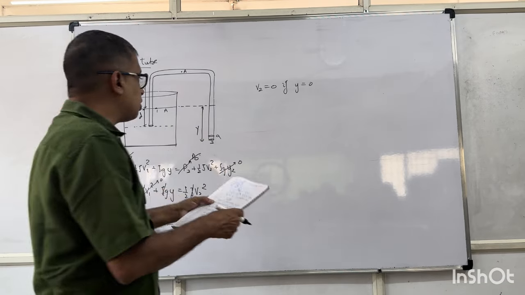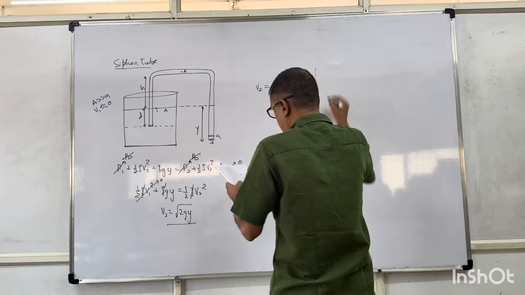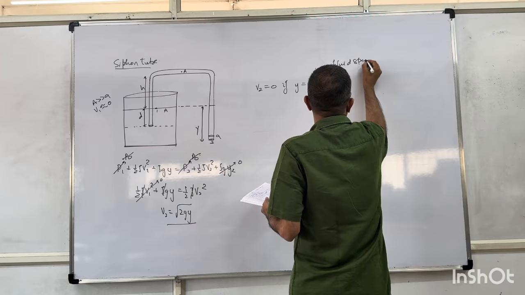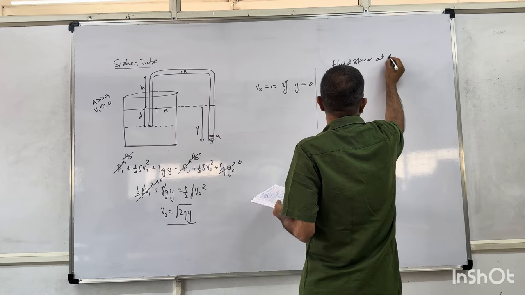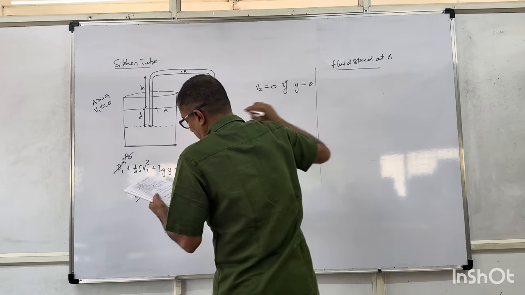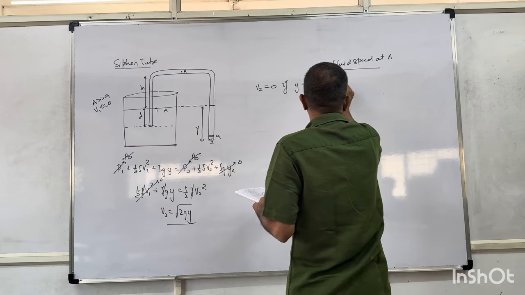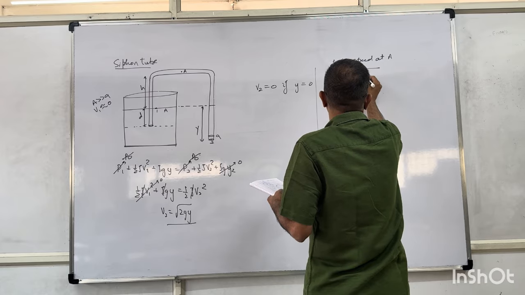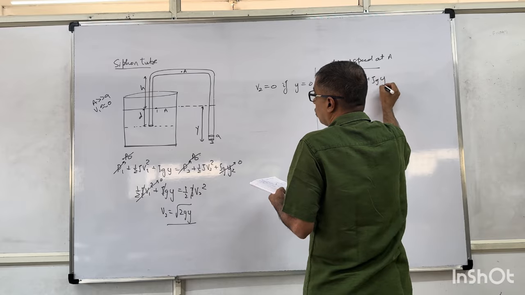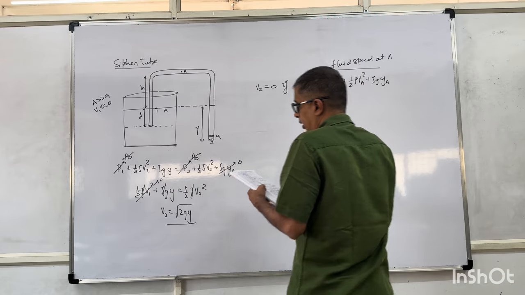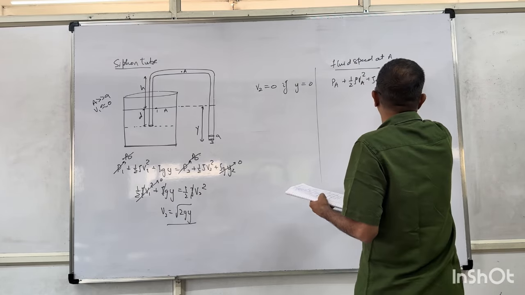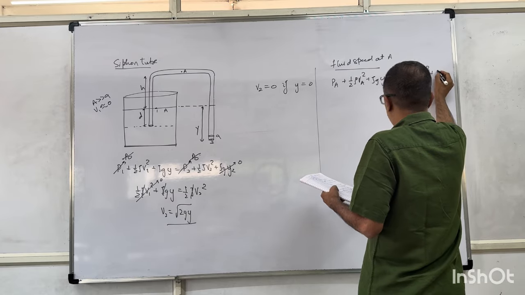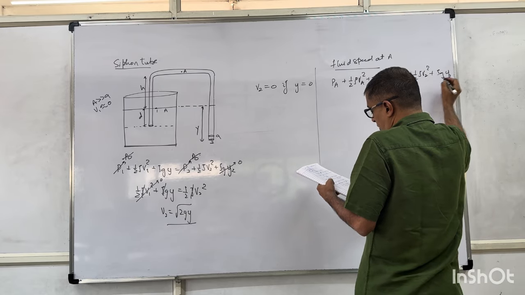Now, the fluid speed at A is of interest for us. How will you apply Bernoulli's equation? PA plus half rho VA square plus rho G YA will be equal to P2 plus half rho V2 square plus rho G Y2.